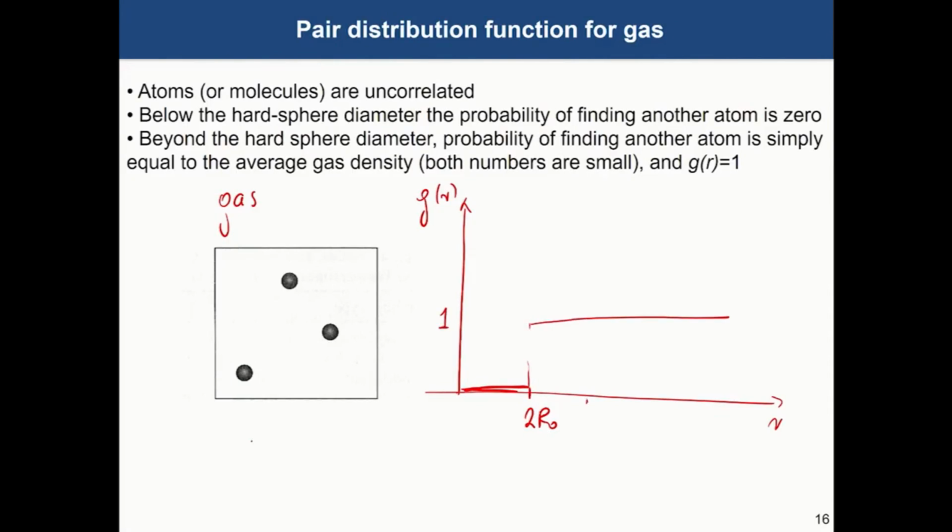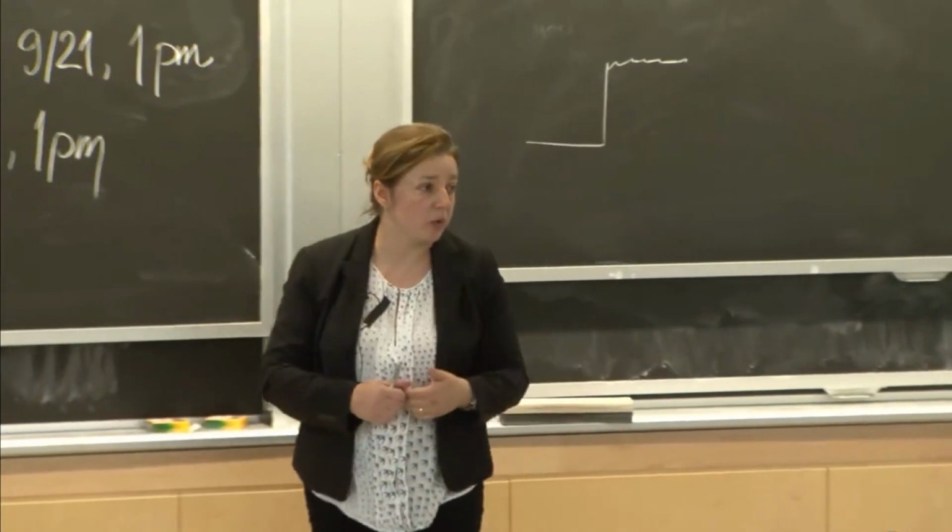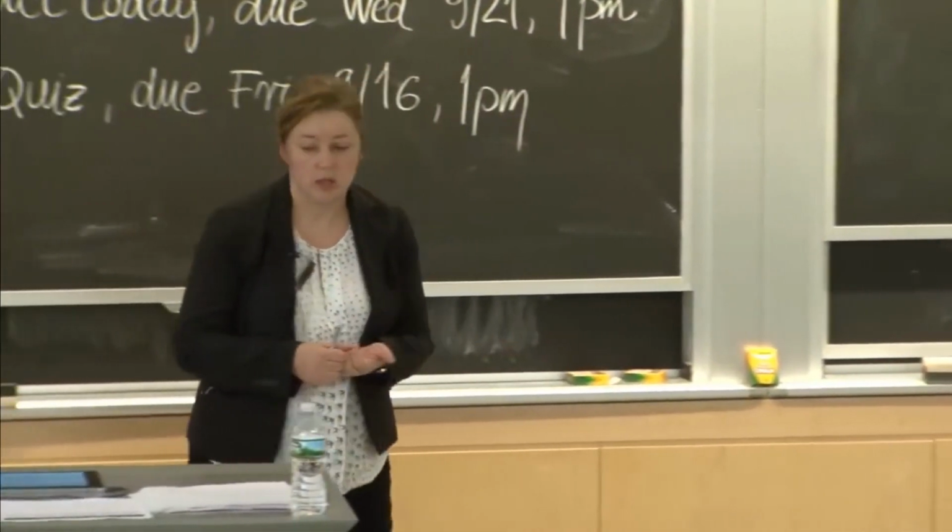So at any distance, if I have an atom, this atom doesn't really care where the first atom was, so it has equal probability of being here or where it is shown here, right? So the probability of finding an atom in a gas from a certain atom is equal. It can be 2R0, that's the smallest, but then we really don't know where it is. So that again tells you there is no short range order, right?